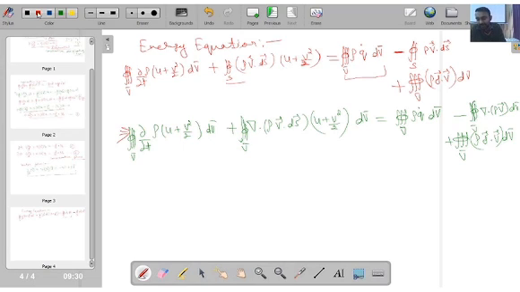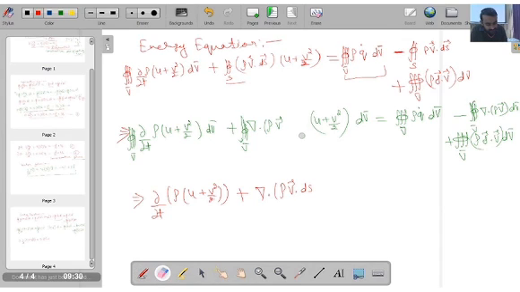That step I am not doing here. Ultimately I get my final equation as del by del t of rho times (u plus v square by 2) plus divergence of rho v vector. Sorry, here this is wrongly written, dS will not come because I have converted the integral from surface to volume.